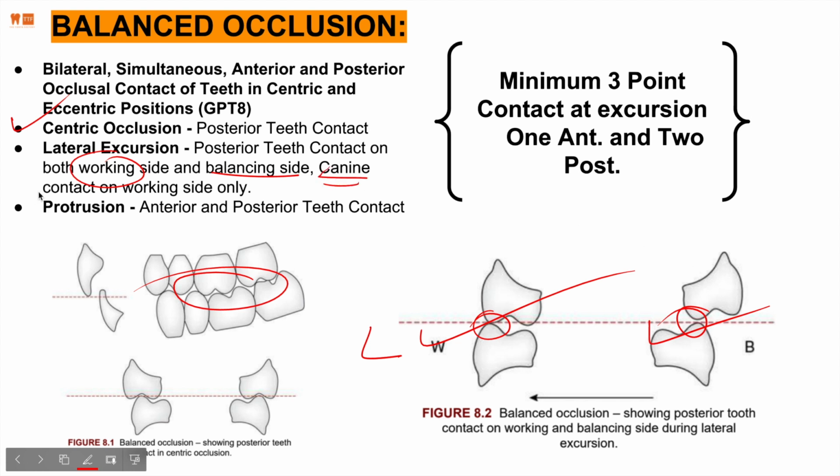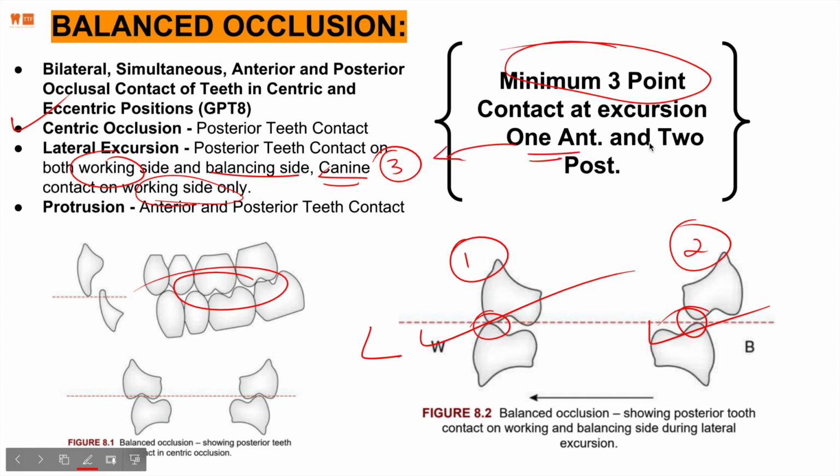The canines contact on the working side only, which means there's one contact, there's the other contact, and the canines are the third contact. That brings us back to the point where there is one anterior contact and two posterior contacts. That makes this a balanced occlusion. Beautiful. And that's lateral excursion. But during protrusion, both anterior and posterior teeth contact each other.